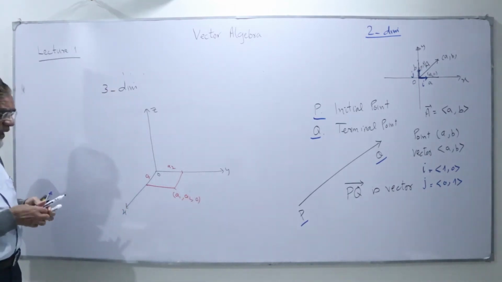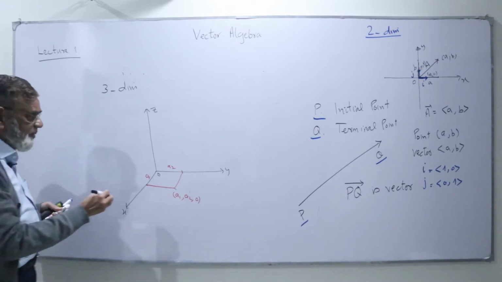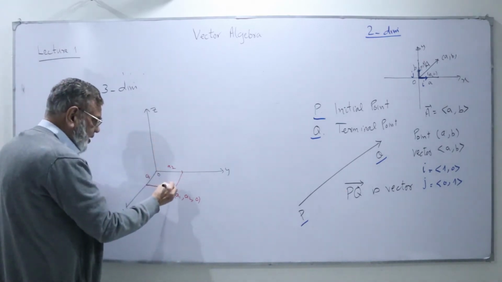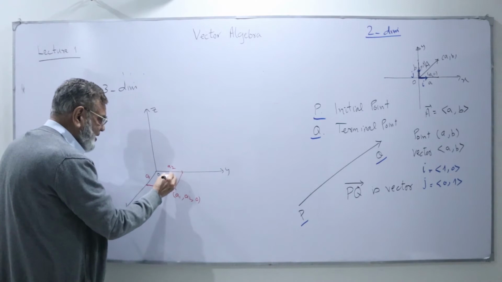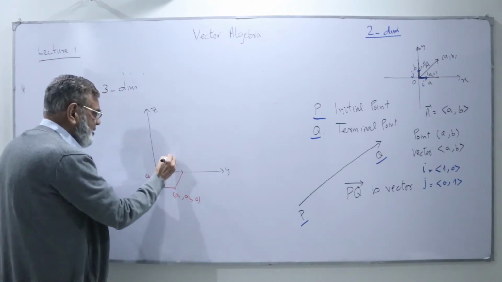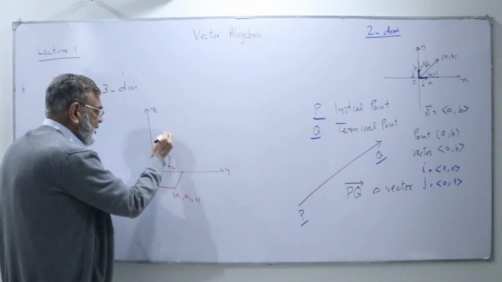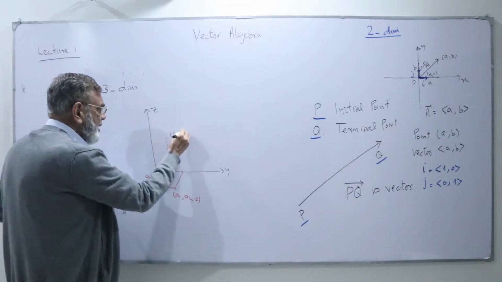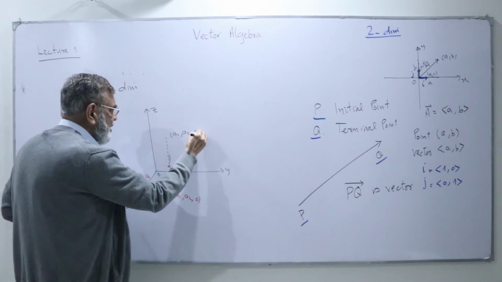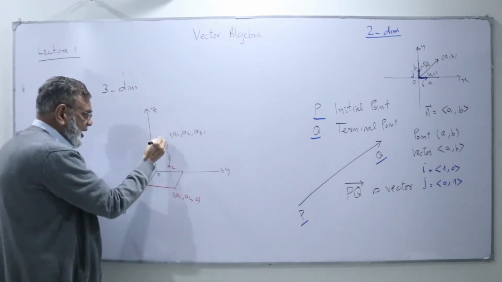Now if I want to show this point in 3 dimensions, I raise it above. Here z is changing, and this point is (a1, a2, a3), with this value along the z-axis.